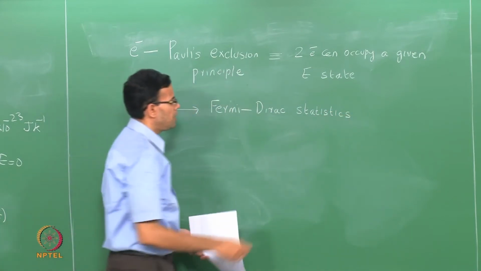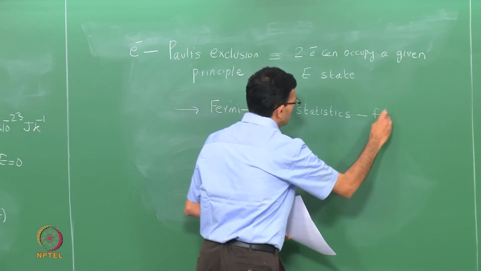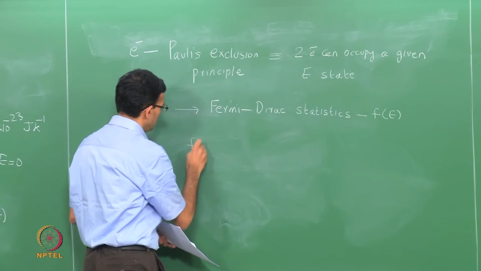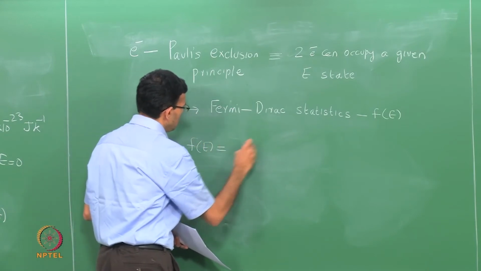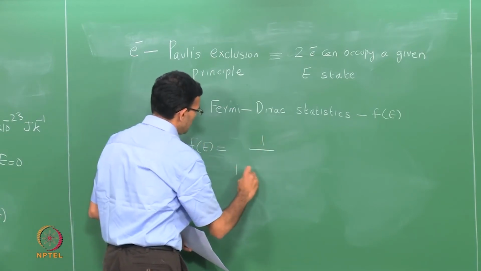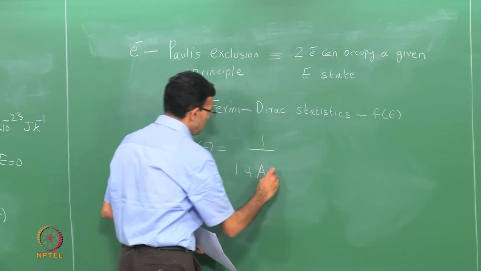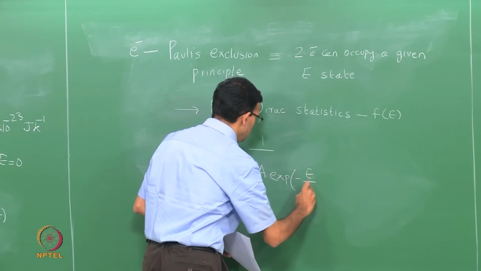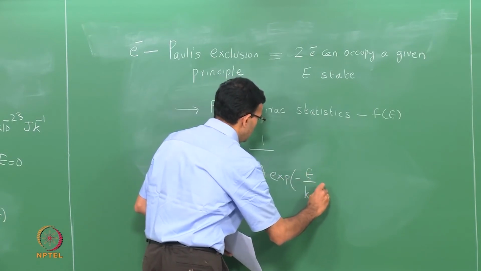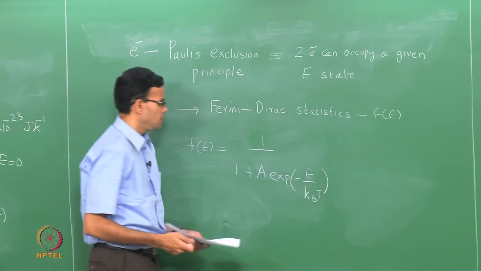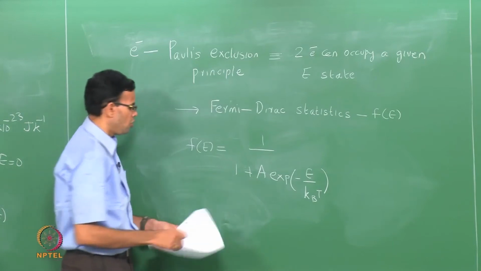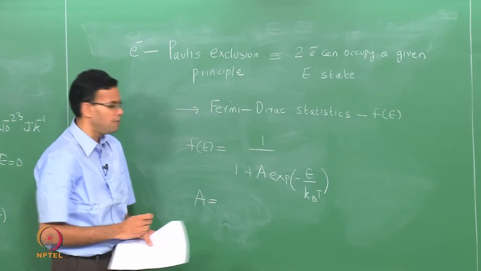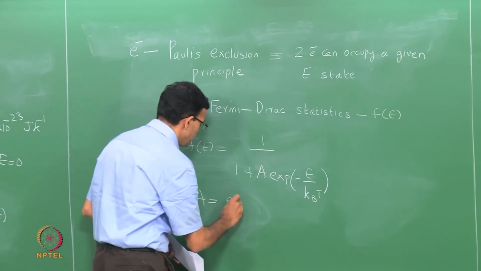This is denoted by f of E, and the expression for f of E is 1 over 1 plus some constant A times exponential of E over kT. Now, A here is a constant, and for a solid, A depends upon the Fermi energy.